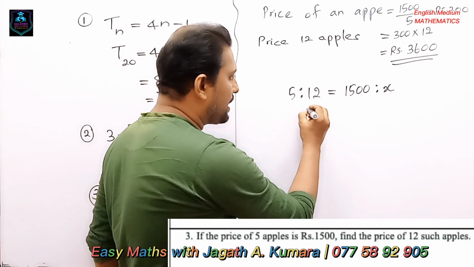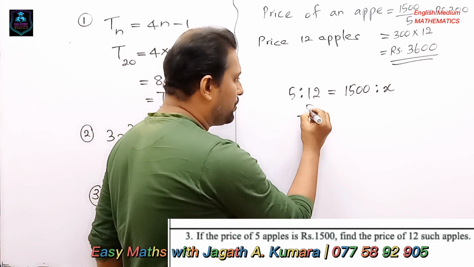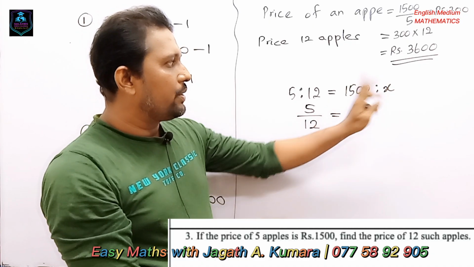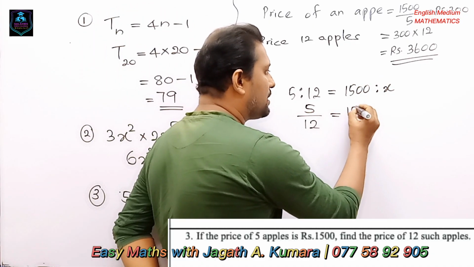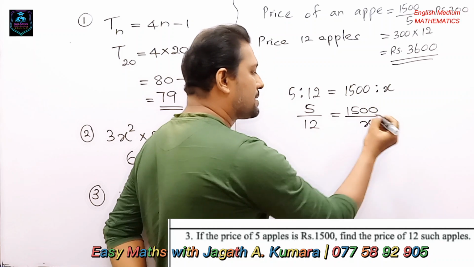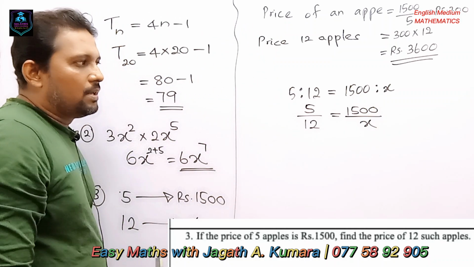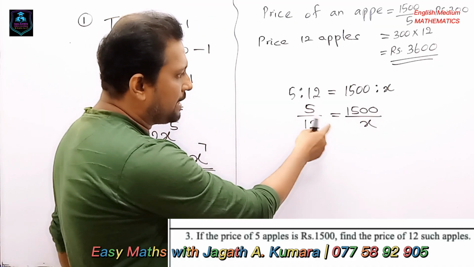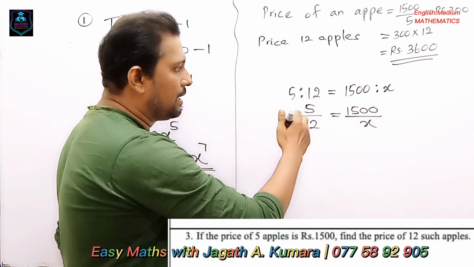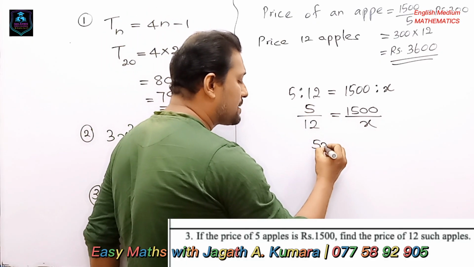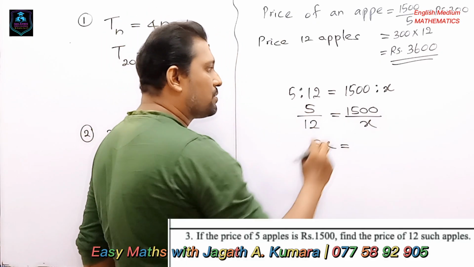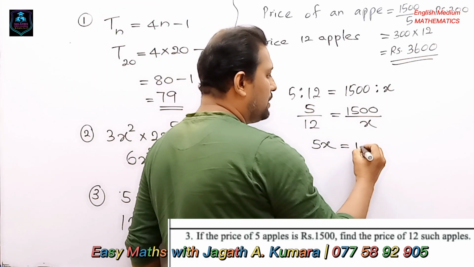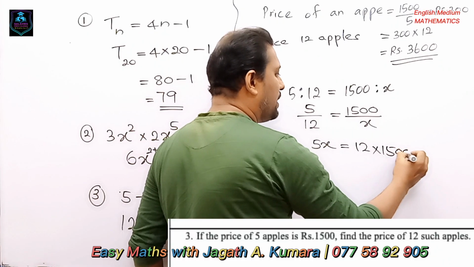5 to 12 you can write as 5 over 12 is equal to 1500 over x. Then what can you do? You can apply cross multiplication, right? Cross multiplication means you multiply this x and 5: 5 multiply x, 5x. 12 and 1500 you also multiply: 12 multiply 1500.